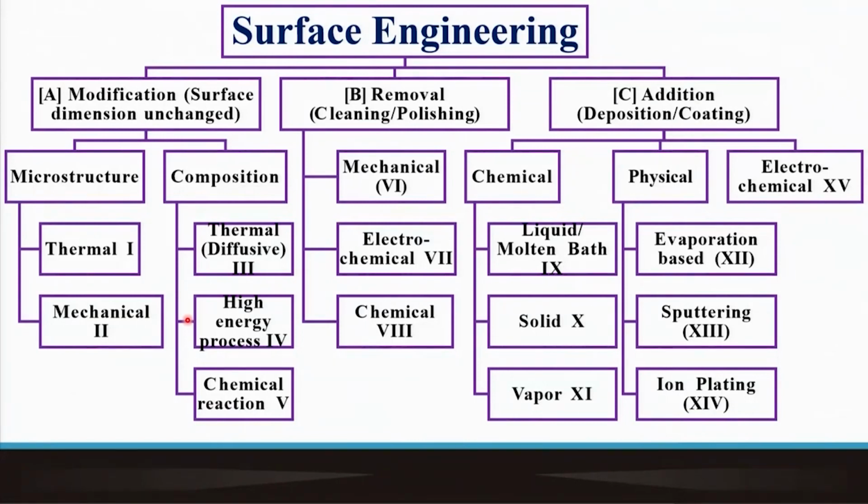And in the last lecture, I did mention that we are interested primarily in three categories of surface dependent properties, namely the physical, mechanical or chemical properties, which are dependent on these kinds of activations. And as you can see here, there are three major approaches of surface engineering.